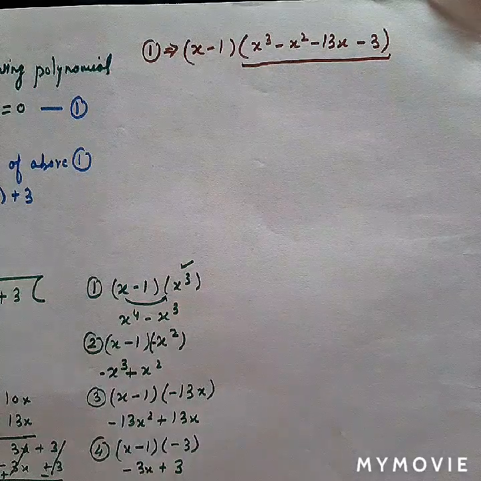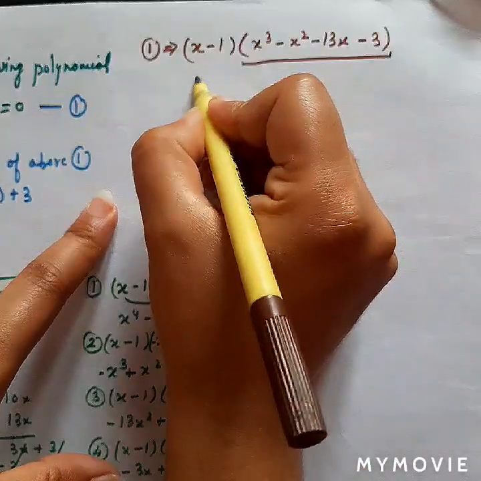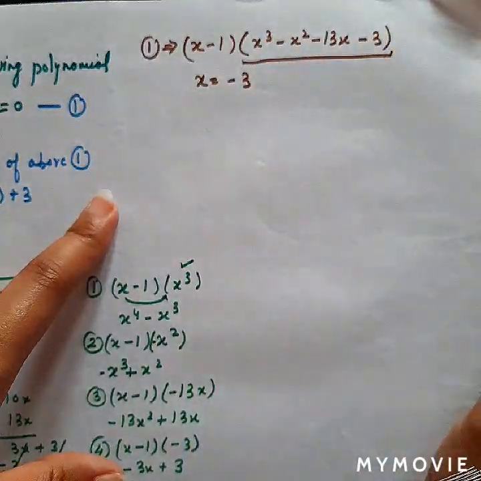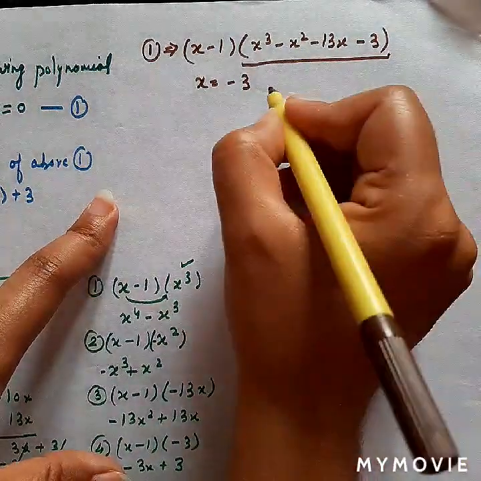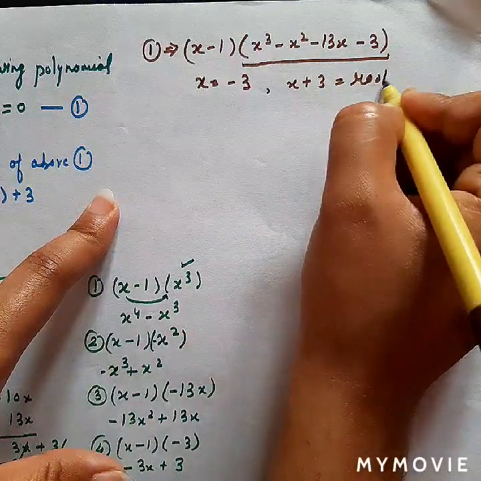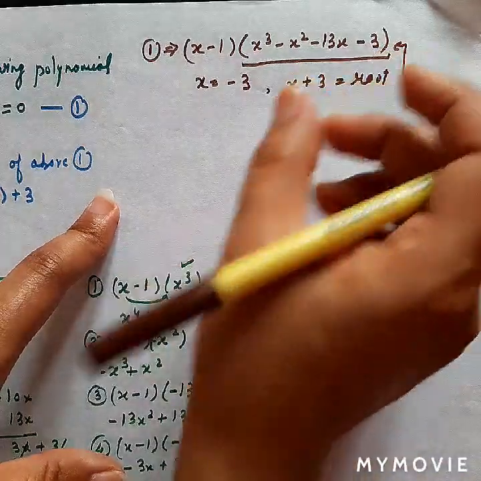After filling all the values, when I reach x is equal to minus 3, the value of this equation will become 0. So what I can say is x plus 3 is a root of this equation. Fine.